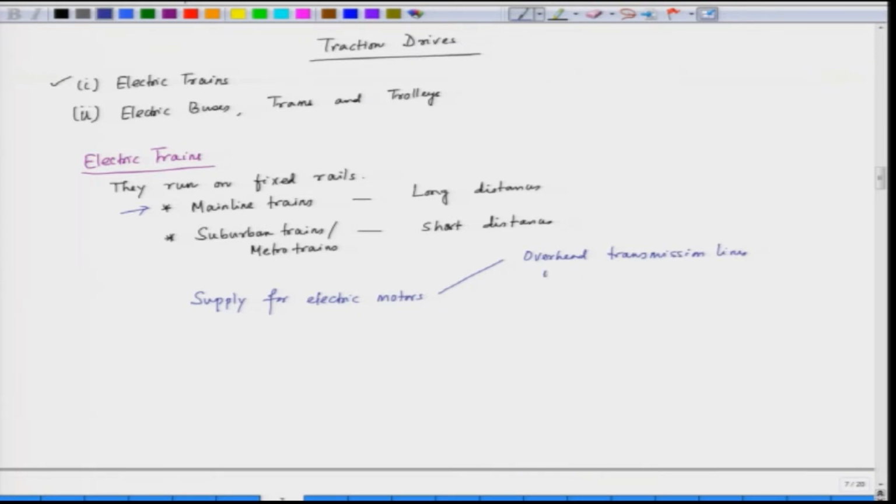In an electric locomotive, we supply primarily from overhead transmission lines for the main line trains. And we have the diesel generator in a diesel electric locomotive.